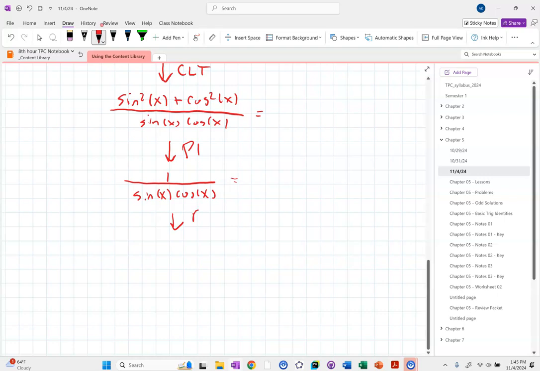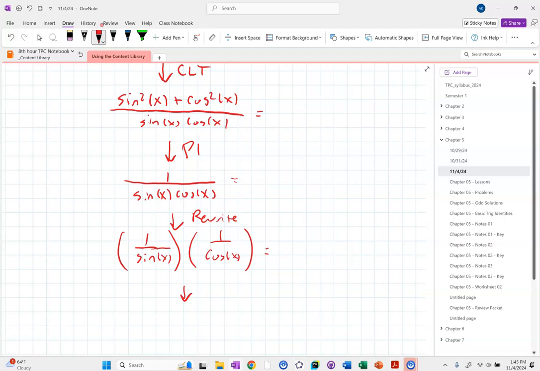I'm going to do my rewriting trick that we've done before, where I've sometimes taken a fraction and turned it into the product of 2 fractions. And hopefully at this point you kind of see where I'm going, right?